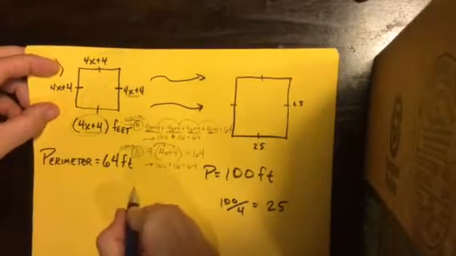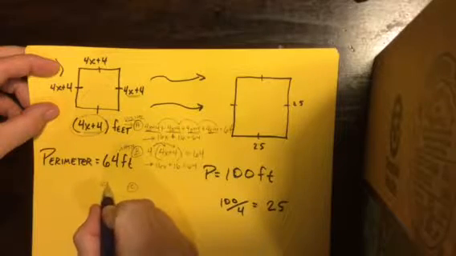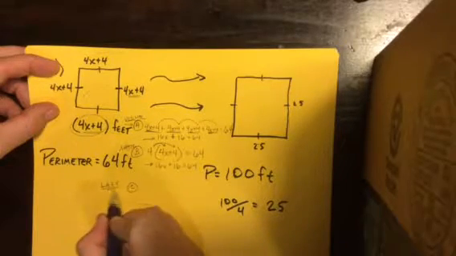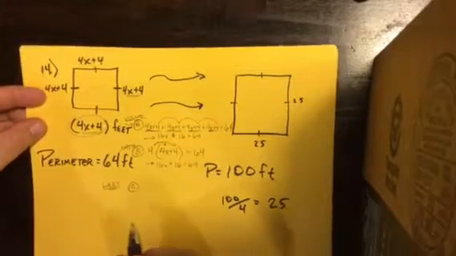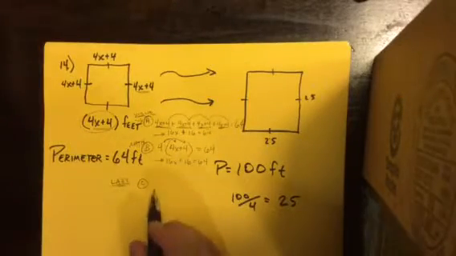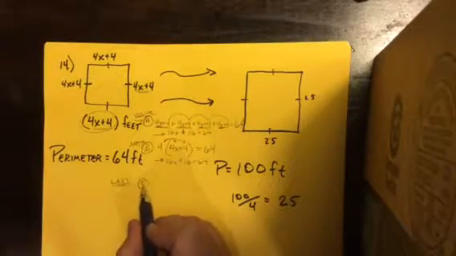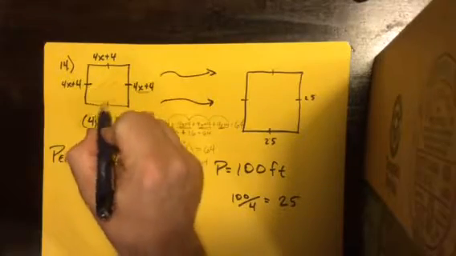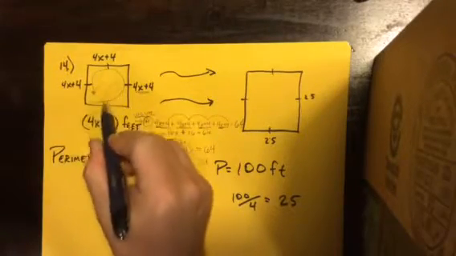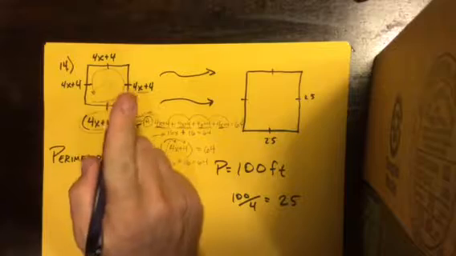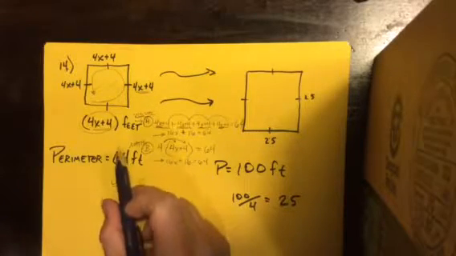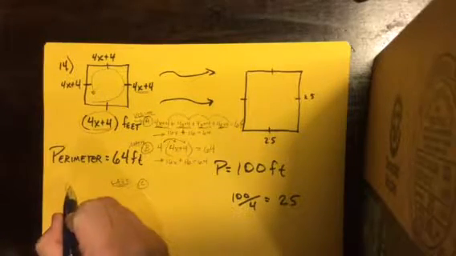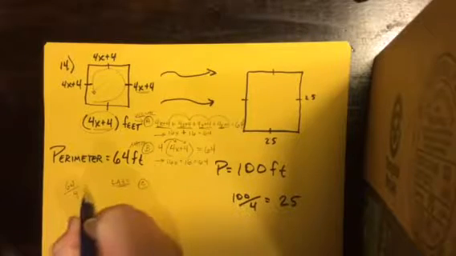Now, for this way, I'm going to call it the lazy way. And that's not a bad thing. Most mathematicians are lazy, but this is what they will figure out. Wait a minute. If all the way around this is 64 feet, then what if I just find one of those sides? Well, that would look something like this. 64 divided by 4.